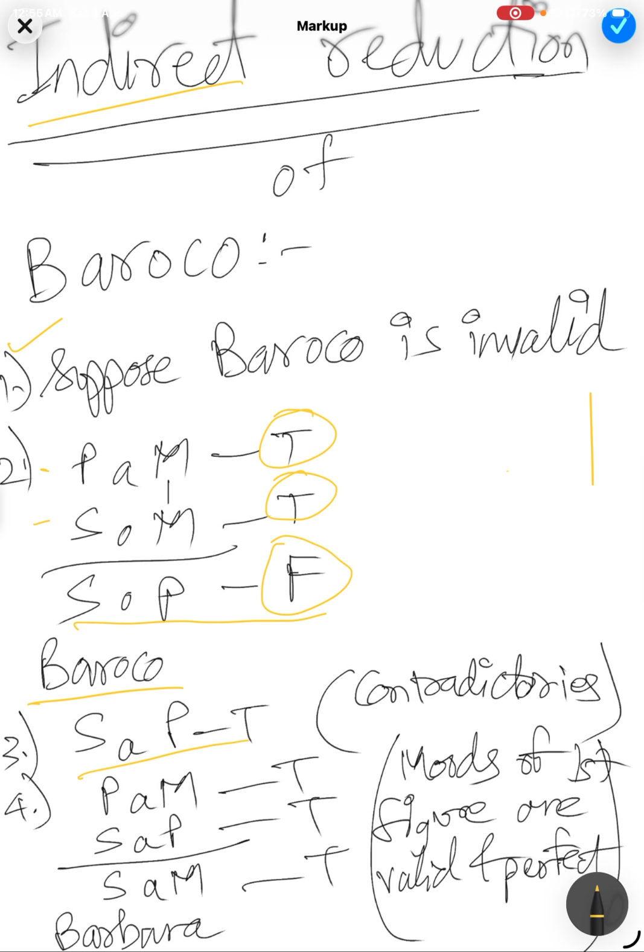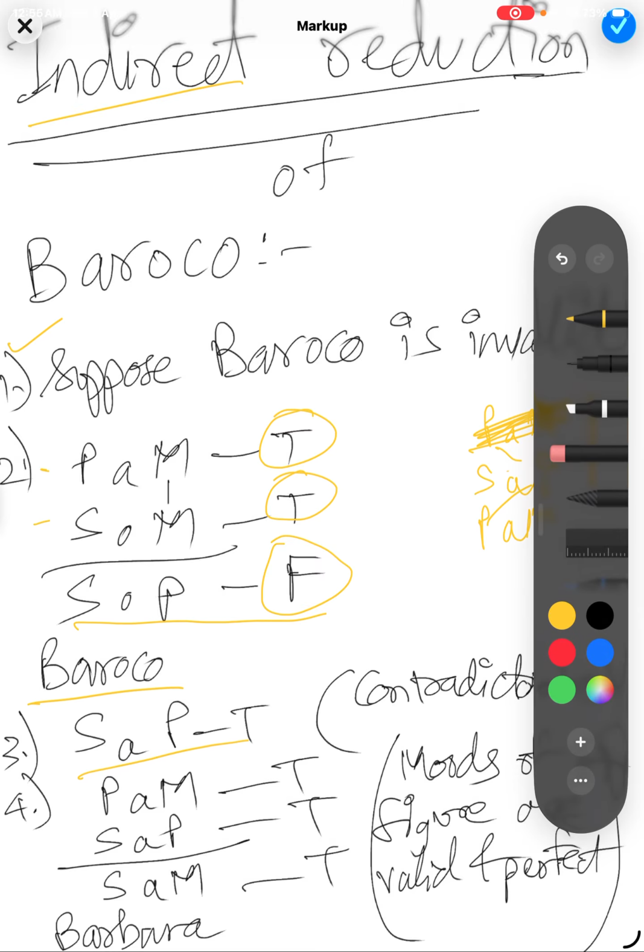Now if I do PAM and SAP, am I getting the first figure? Yes. If I do the other way around, SAP and PAM, this is the fourth figure. So not possible. Only one possibility.